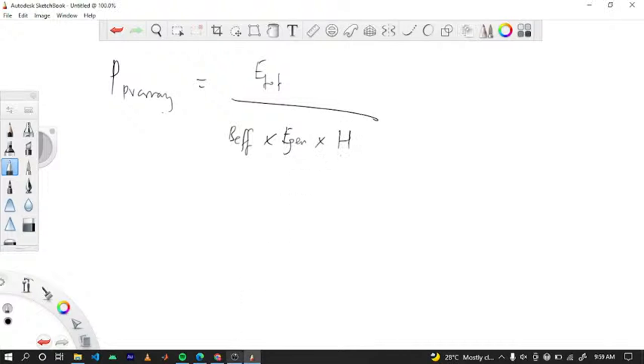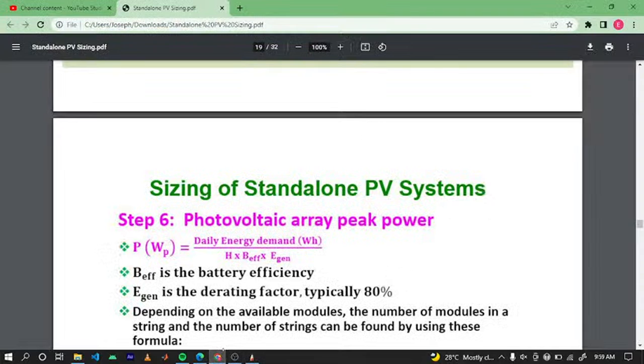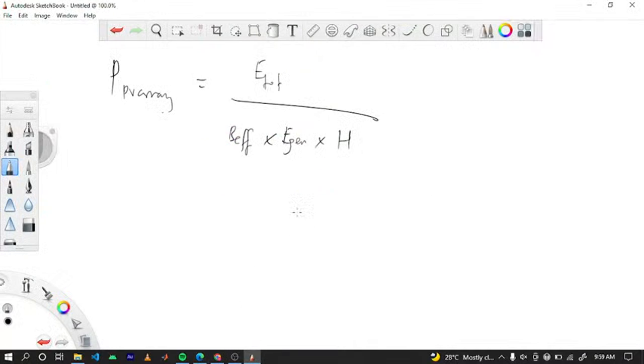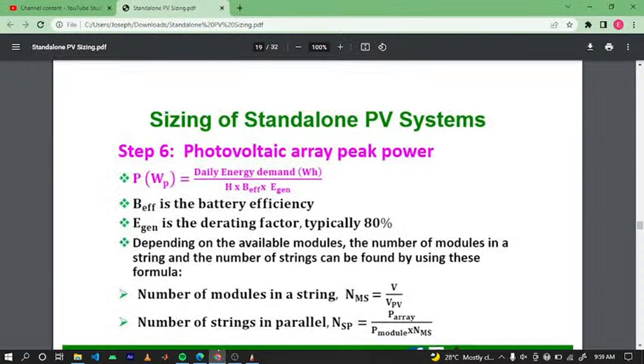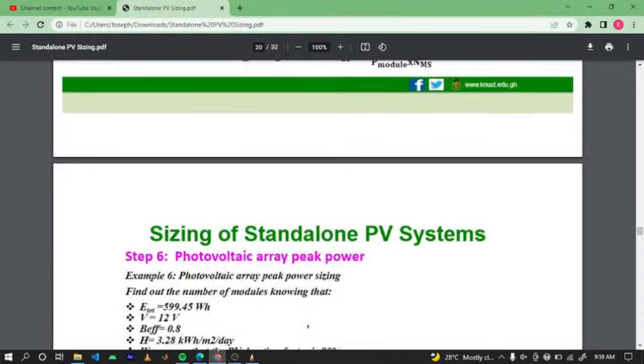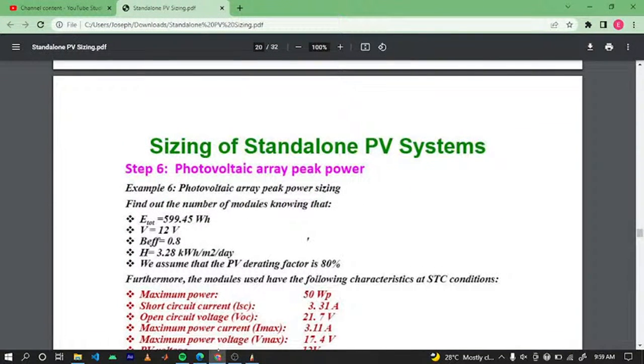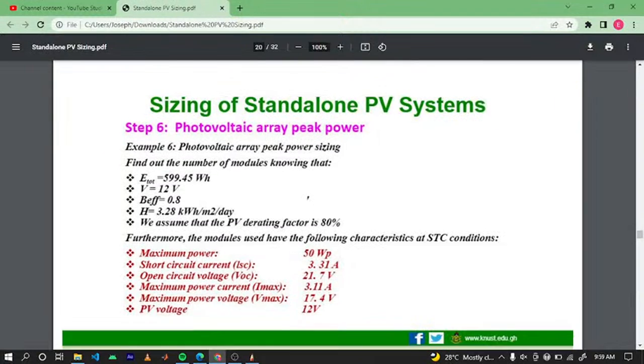We found the H already. They'll give us the rating factor. It's supposed to be on the name sheet of the array. This is the battery efficiency, and the daily energy demand we evaluated. So from this example, our daily energy demand is 599.45.